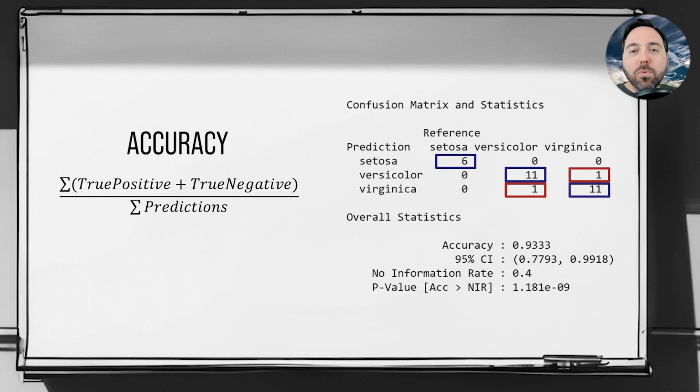In other words, we got 6 Setosa classifications, 11 Versicolor classifications, and 11 Virginica classifications correct. We miscategorized one iris as Versicolor when it should have been Virginica, and one that should have been Versicolor, but we called it Virginica. This leads to a total of 28 out of 30, or an accuracy of 93.3%.